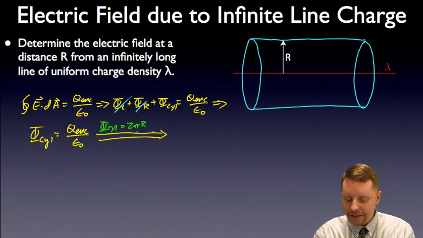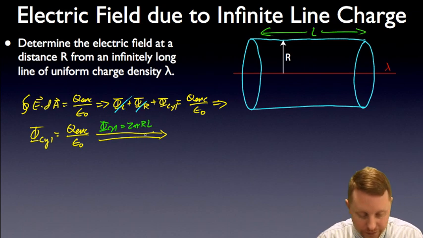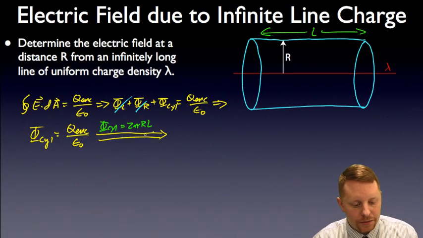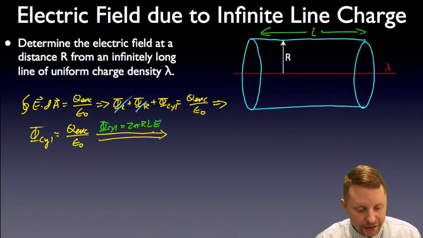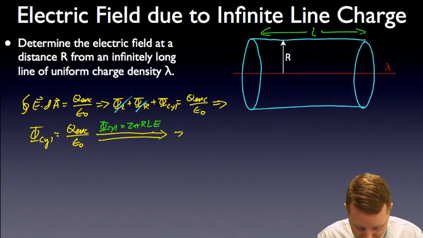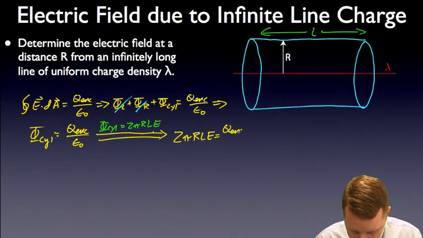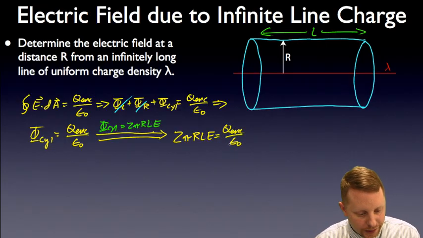We also have the length of our cylinder, L, as another dimension, and we have, of course, the electric field going through it since this is our flux, E. Therefore, we can write that 2 pi R L E must equal Q enclosed over epsilon 0.